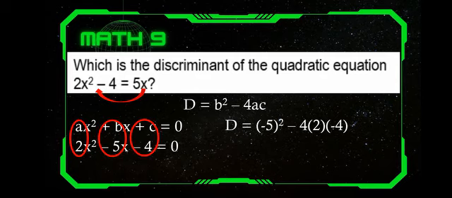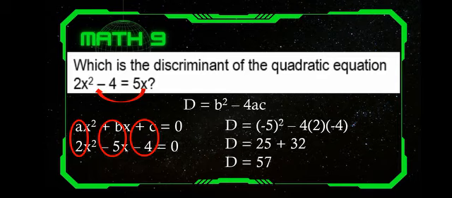Substitution: discriminant is equal to negative 5 squared minus 4 times 2 times negative 4. Simplify: negative 5 squared is 25. Negative 4 times 2 times negative 4 is positive 32. Then we get 57. And we all know 57 is not a perfect square, therefore the roots are two real and irrational. And the discriminant is 57.